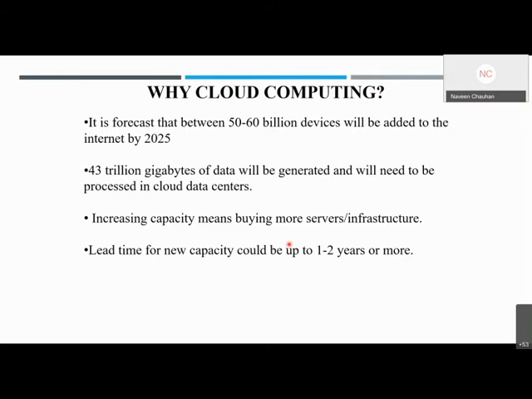The contribution is also from the Internet of Things, where things have internet connectivity, and data is being produced by these devices.